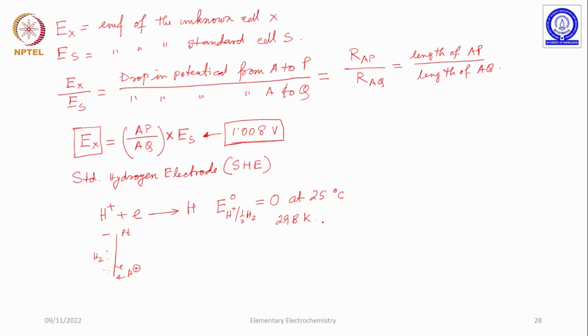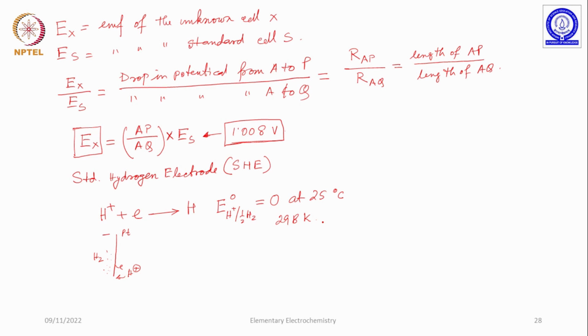So, this is the electrode that one considers as a standard hydrogen electrode, and using that standard hydrogen electrode one can actually determine the EMF of all other electrodes, assuming that the potential of this particular reaction is taken to be 0. But what you must understand here is that this particular cell is not very easy to construct, and this cell generates hydrogen gas which is highly flammable.